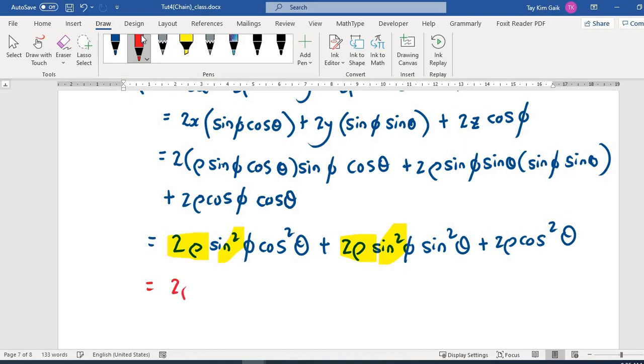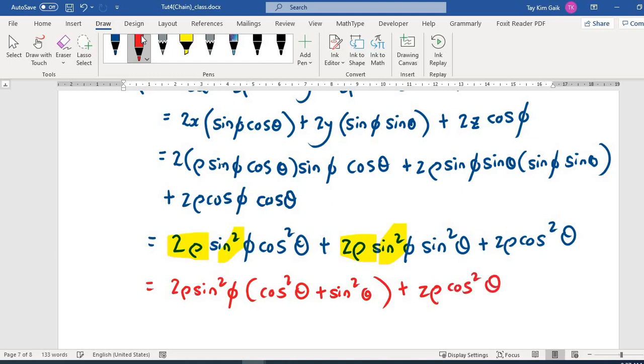I factor out 2 rho sin squared phi, and then cos squared theta plus sin squared theta, plus 2 rho cos squared theta.